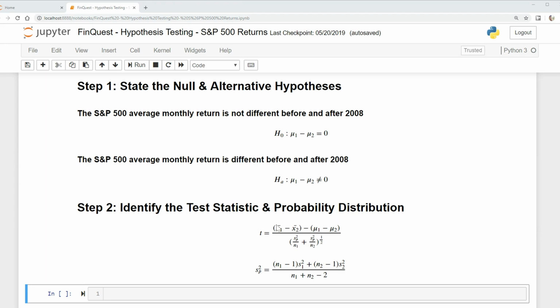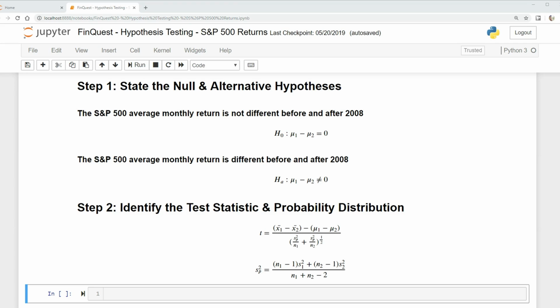I know this looks very complicated, but it's actually very simple. This is the t-statistic that we're looking for. And let's first take a look at the numerator here. What is the numerator here? The numerator here is just the sample means. So we're looking at the sample mean x bar 1, before the event, and the sample mean of the monthly returns after the event. And so we're looking at the difference between that.